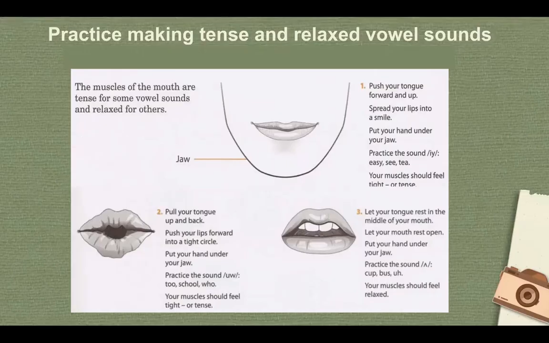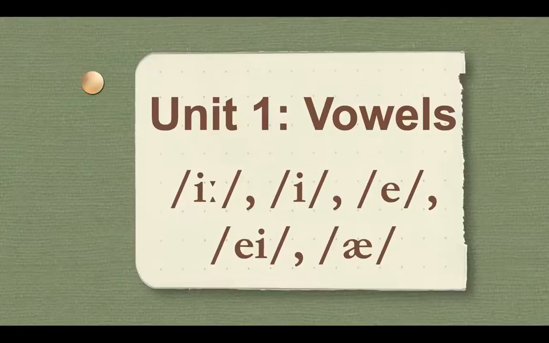Put your hand under your jaw and practice the sound like in cough, buzz. So your muscles should feel relaxed. Okay, so that's all about what you need to practice before you practice the sounds: moving your tongue, your mouth, and making tense and relaxed vowel sounds.